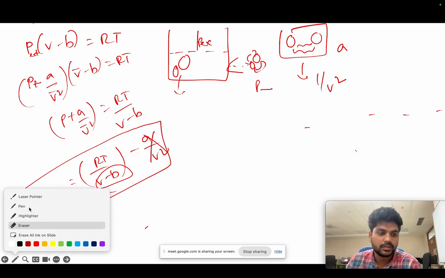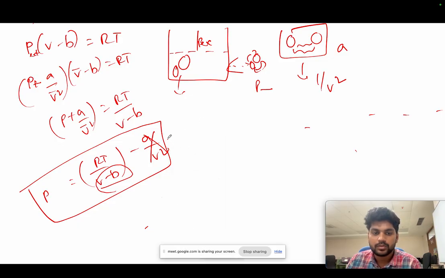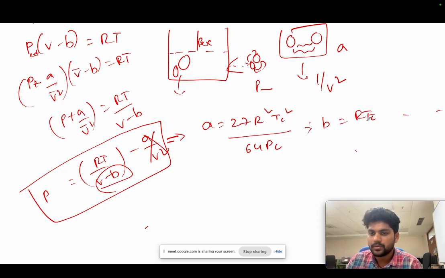For this equation, while doing many experiments, they found that A equals 27 R square critical temperature square by 64 PC, and B equals R TC by 8 PC. In the van der Waals equation, they didn't consider any effect of temperature.